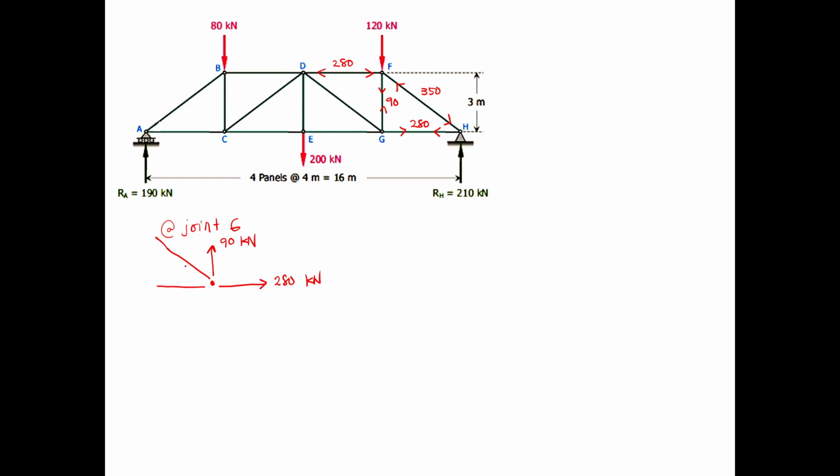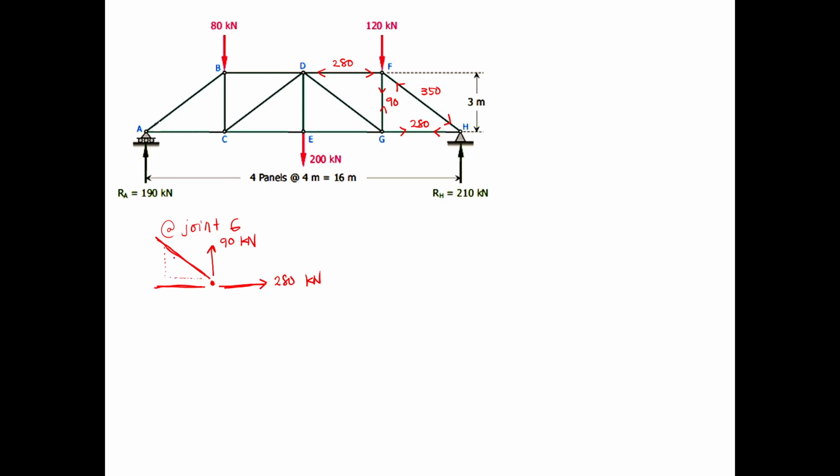Okay, so let's determine first. Since we're going to be dealing with three horizontal components, because this is the one coming from EG, you have the 280 force, then you also have this force here coming from DG. So again, if we try to break it down even further, these will be the components.